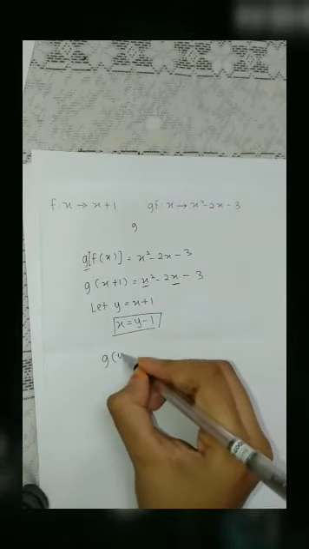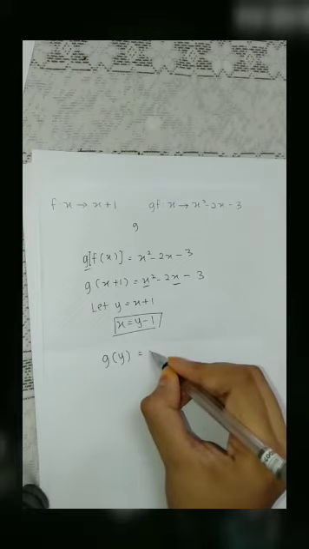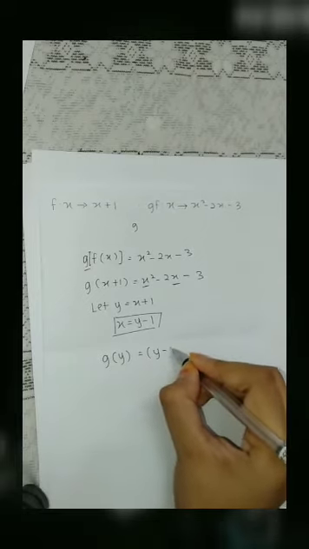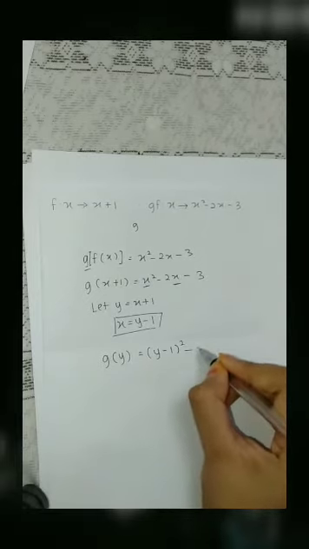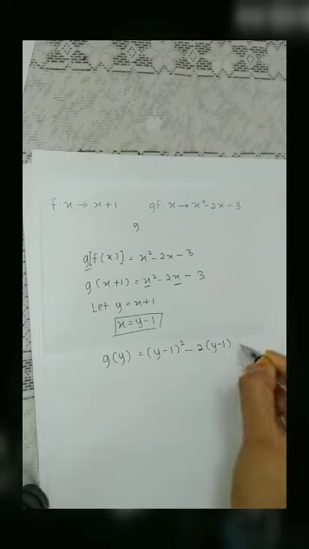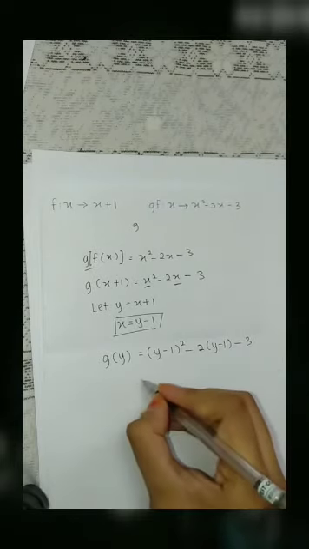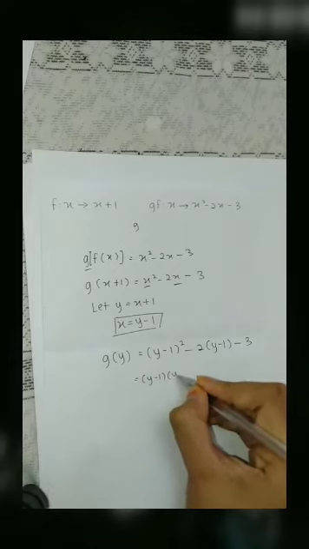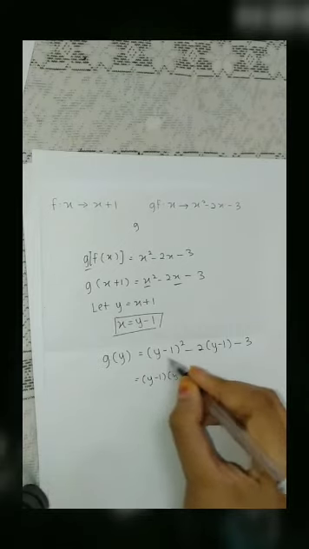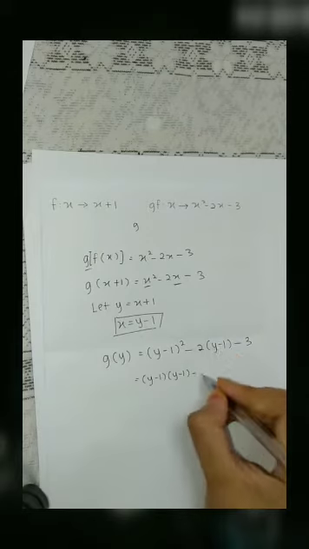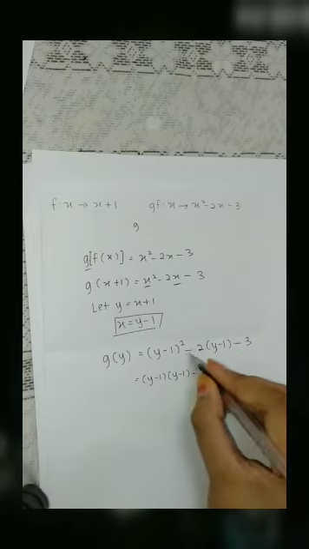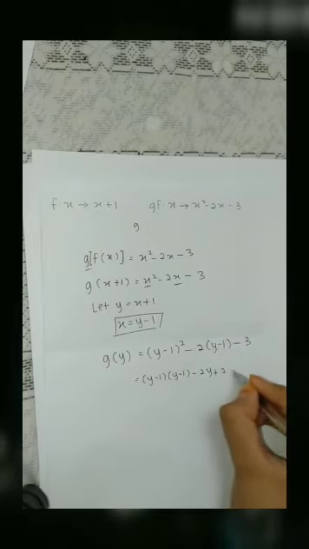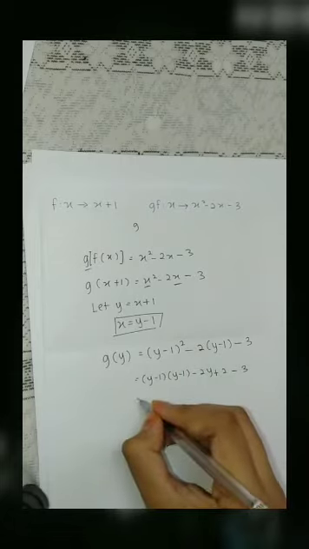So g(y) equals (y minus 1) squared minus 2(y minus 1) minus 3. So y minus 1, y minus 1 for this, and 2y, so negative negative positive 2, minus 3.